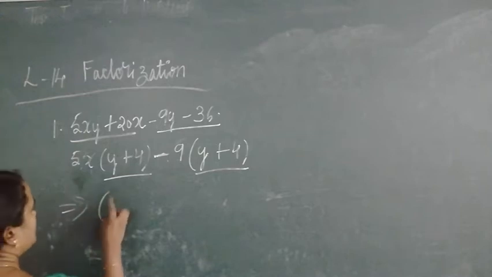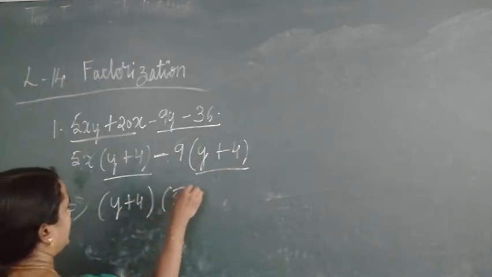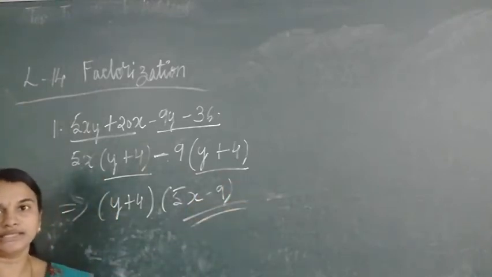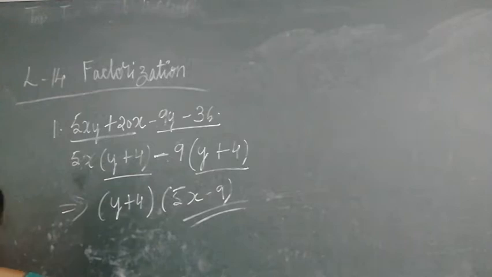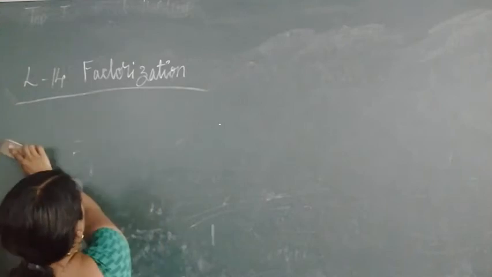That means y plus 4 and 5x minus 9. Okay, this will be the answer. Write down. And second one will be the homework. Now we will do the third one.